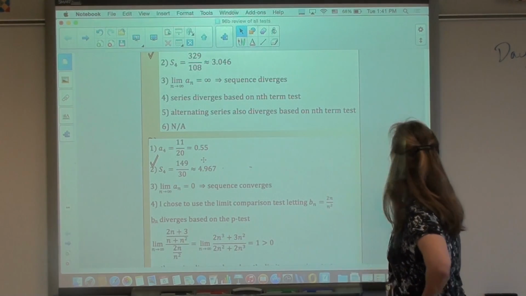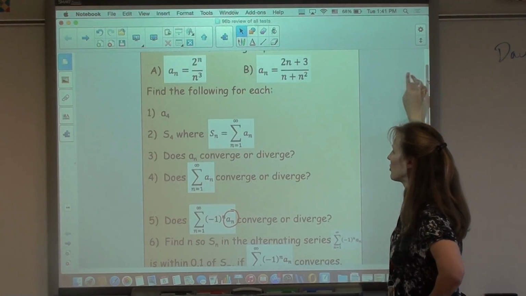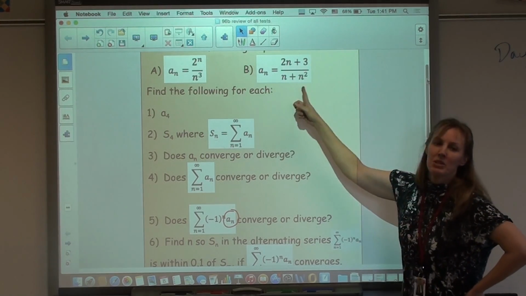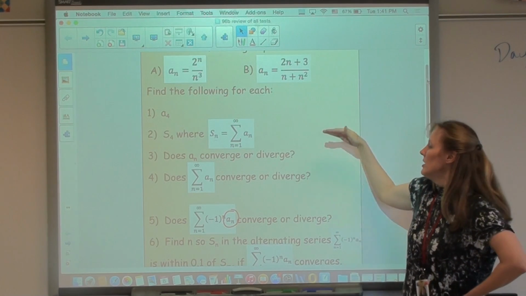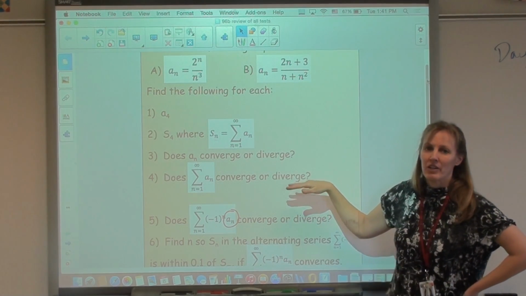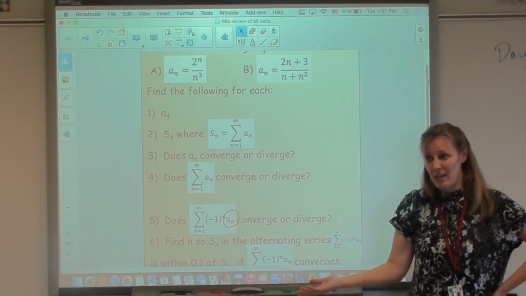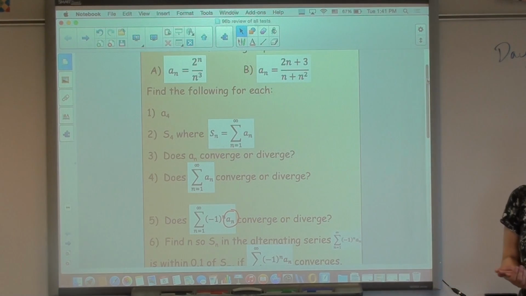All right, for question 3, does the sequence converge or diverge? This one, you have a higher degree on the bottom, so the limit's approaching 0, so the sequence converges. The series, you still have to check. Just because the limit approaches 0 doesn't necessarily mean it converges, right? So you have to use another test of some sort.